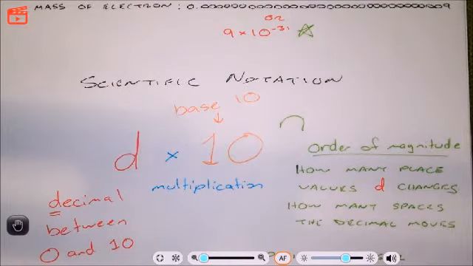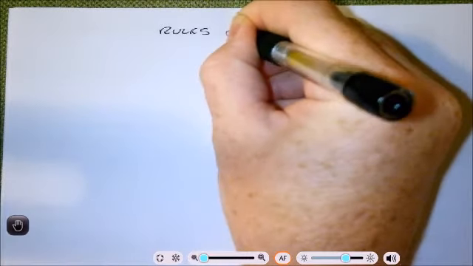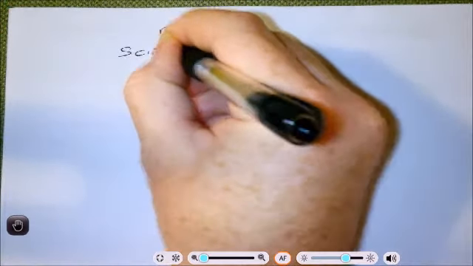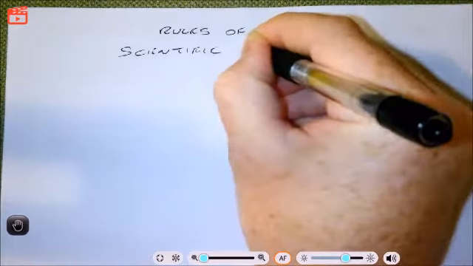So let's really quickly summarize the rules of scientific notation. There are 3 rules for scientific notation that you need to know about that we'll be referring back to today.